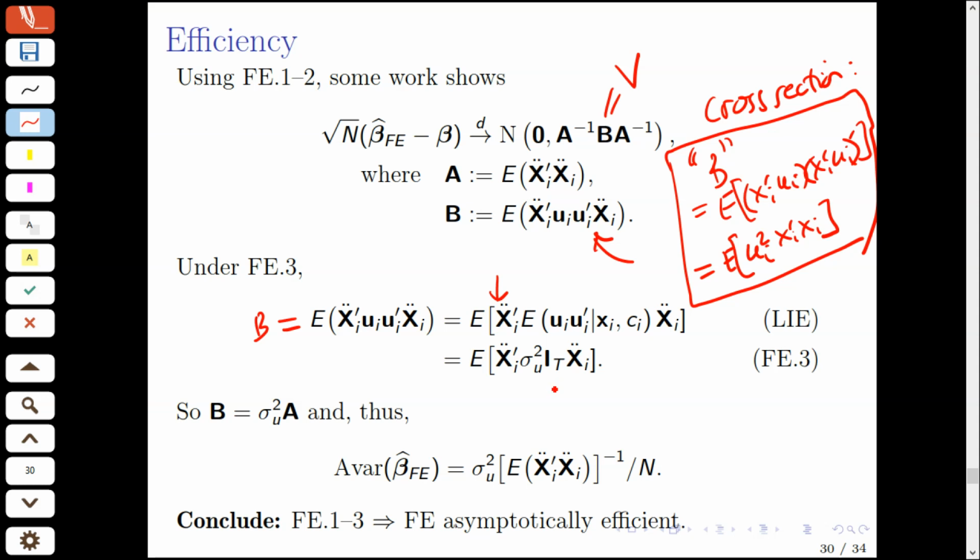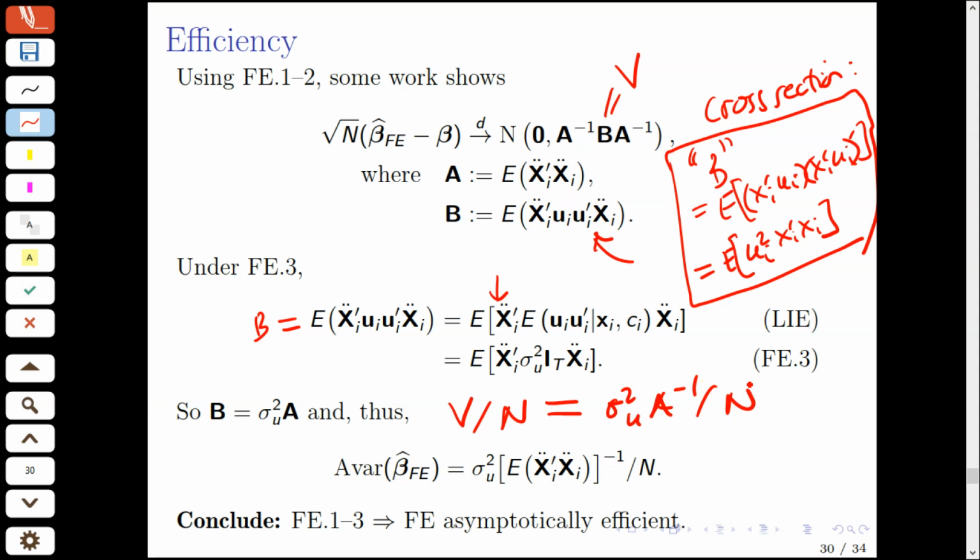Now this calculation here shows that our B matrix under FE3 is just proportional to the A matrix, the inverse of the bread. So as a result, the asymptotic variance, V over n, is just sigma squared u A inverse divided by n.